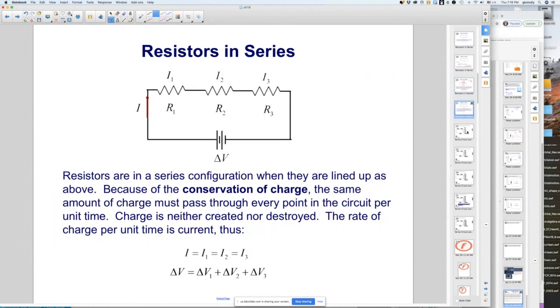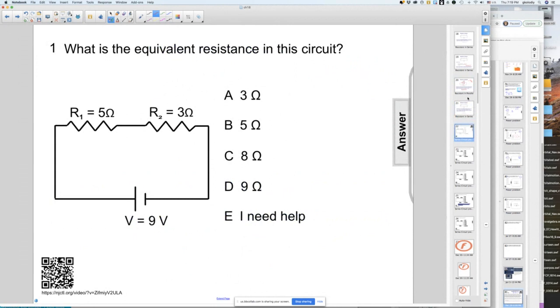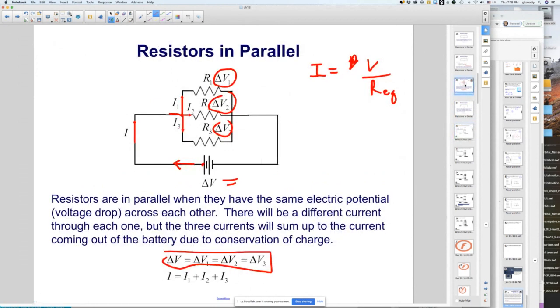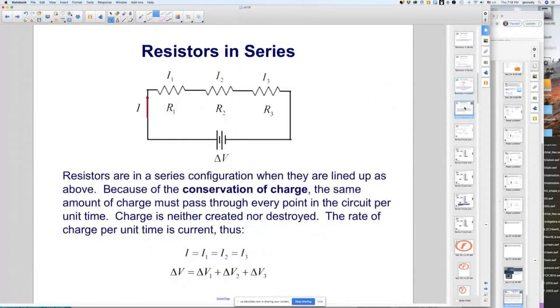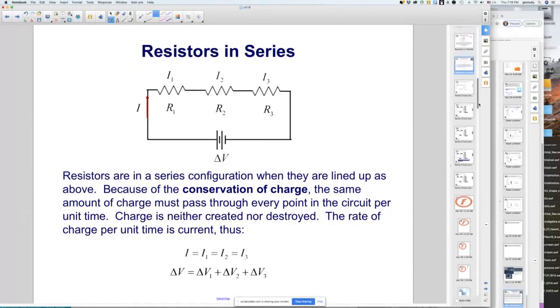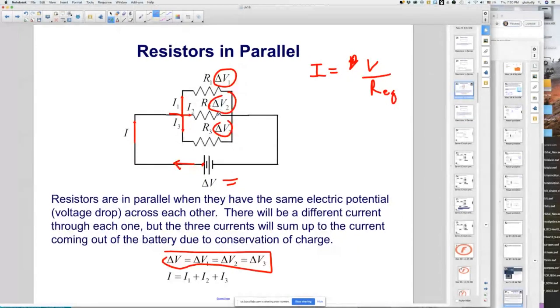Oops, going the wrong way. This is not the same as over here with positive resistors. I should have had the slide, but I put it somewhere else, so I'll come back to this. We're going to do a couple of examples using series resistors, and then we'll come back and finish up how you find the equivalent resistance when they're in parallel, and do some sample problems.